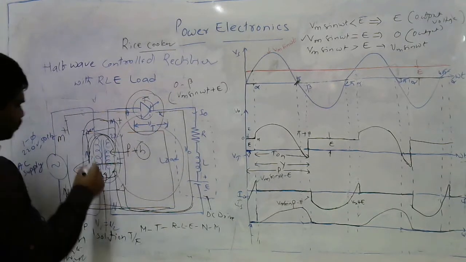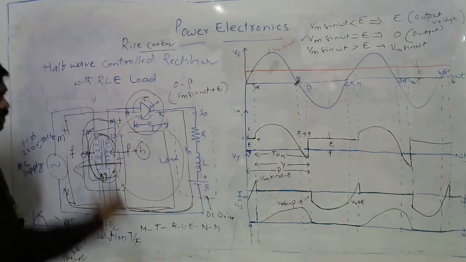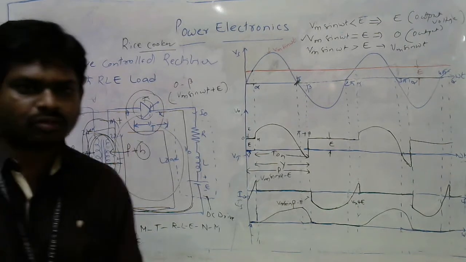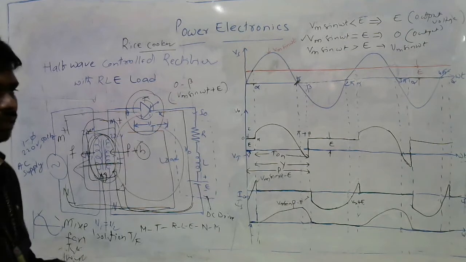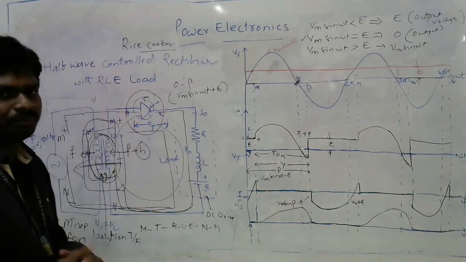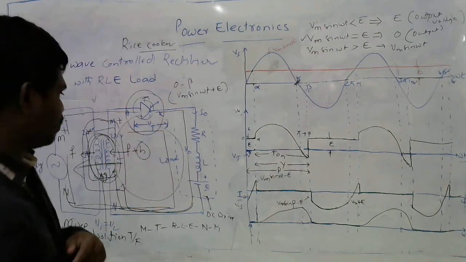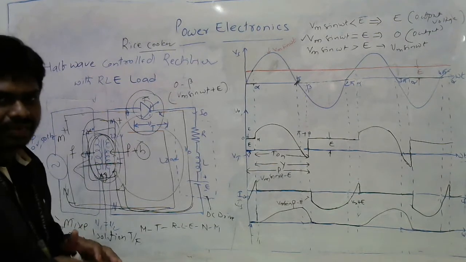Then after this, what happens? What is inserted into the primary side will be only the fundamental. It allows only the fundamental because of that induction principle, and we know that a transformer is a constant maximum flux device.